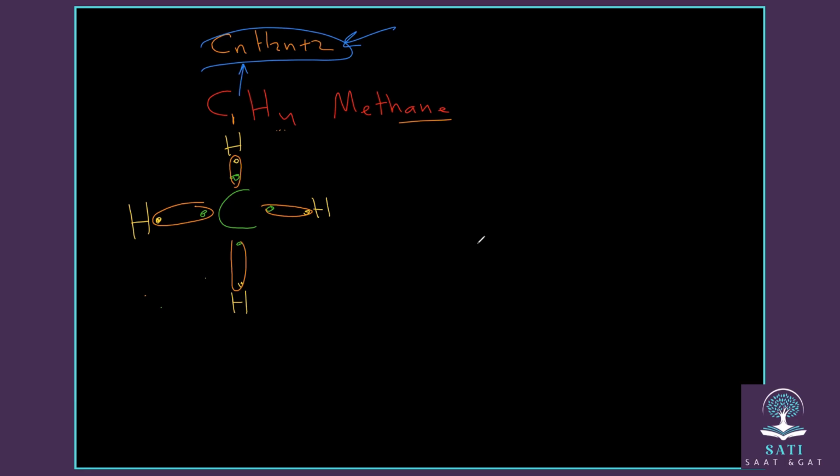Okay, now this bond means sharing of these electrons. So the carbon will share 1 electron with 1 atom of hydrogen, and the hydrogen will share 1 electron. What will happen exactly? The carbon will feel that this is its surrounding.